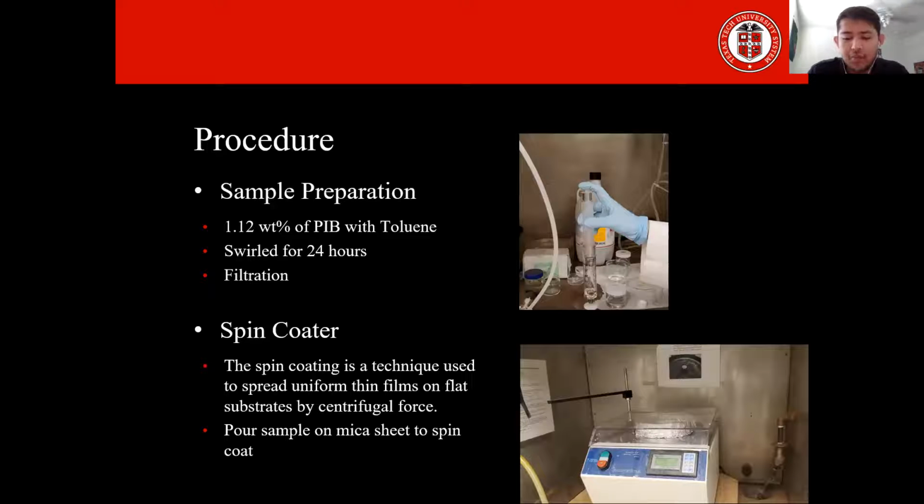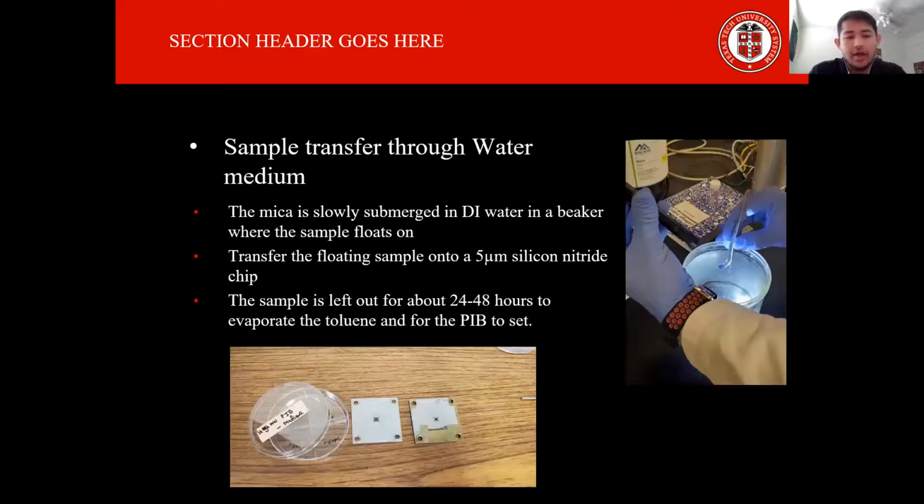After that, we take the mica sheet out and we do the sample transfer through the water medium. In order to do that, we cut the edges of the mica sheet so that it can cleanly come out in the water as a float. We use the water medium here in a beaker, all DI water.